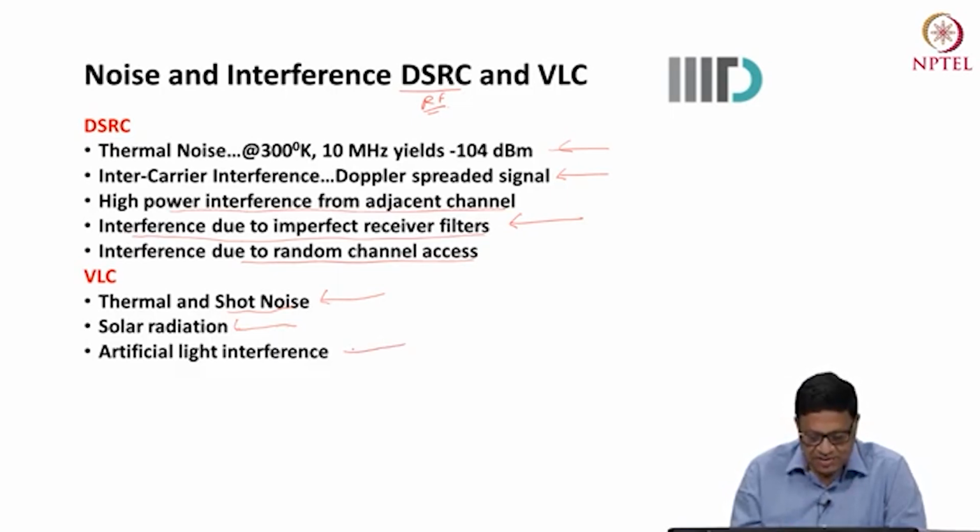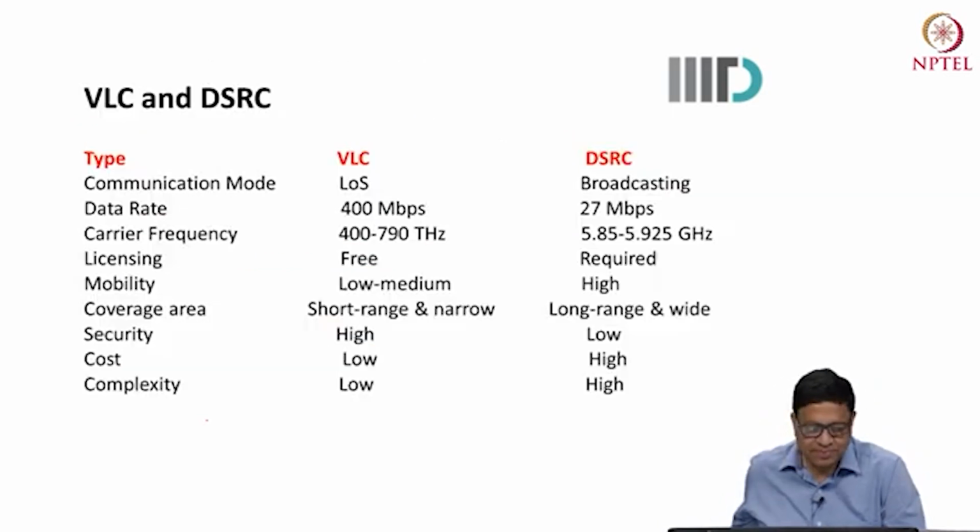Then artificial light, which is not from the headlight, any light other than the headlight and the receiver, will contribute to noise, which is artificial light interference. So one has to handle with care these different types of noise which are getting generated in DSRC and visible light communication.